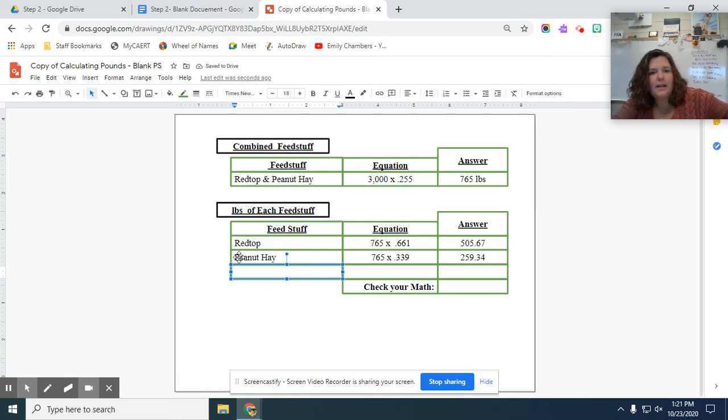And last but certainly not least, we're going to do that last feed ingredient that we use. So that's barley grain. And this one, we're going to take times the original 3,000 because we had that second percentage we could use.